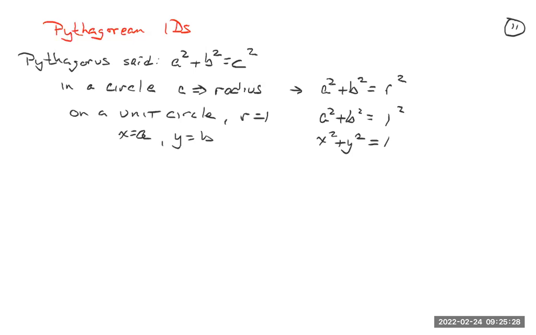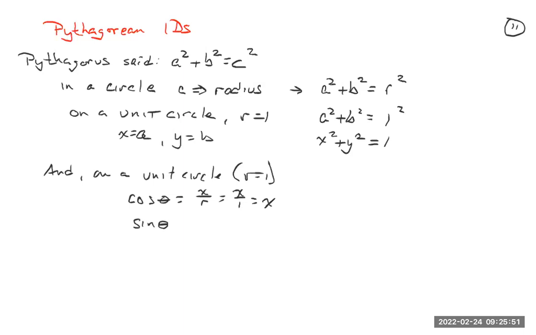And finally, on a unit circle, r equals 1, cosine theta being x over r is x over 1, or x. Sine of theta is y over r, or y over 1, or simply y.